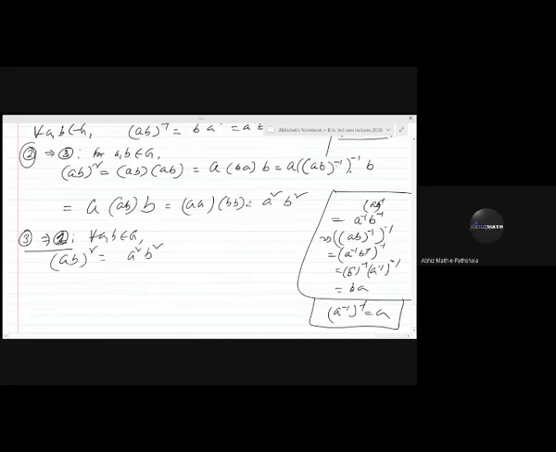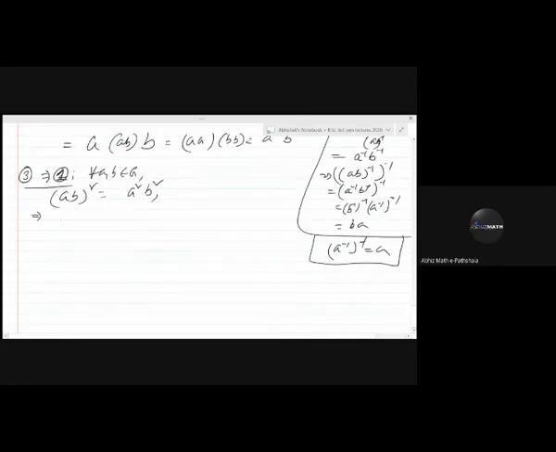Now from this equation we have abab equals abb, and using associativity, this implies a(ba)b equals a(ab)b.